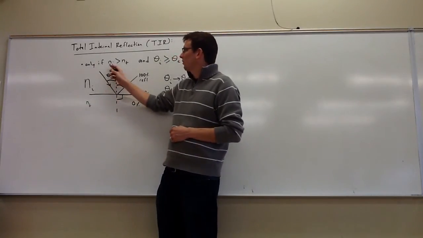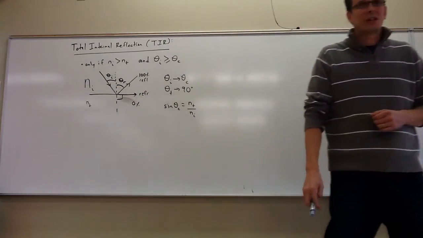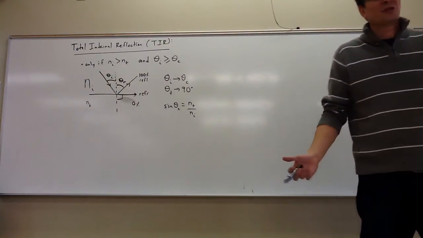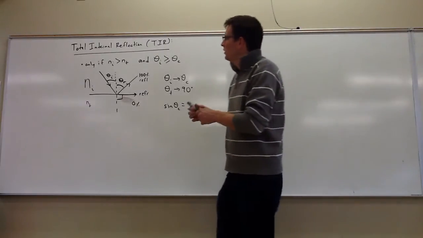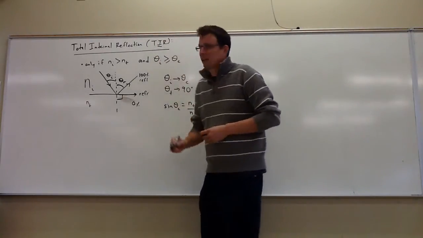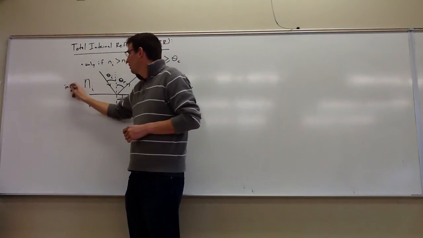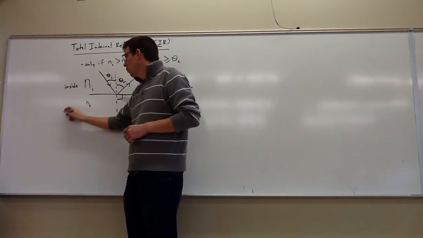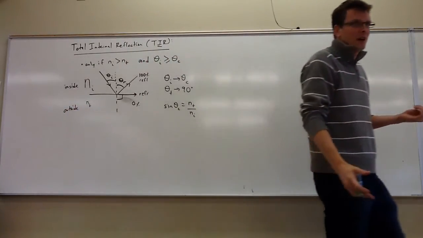So it only works if n sub i is greater than n sub t. That's the only time you can get this phenomenon. If you were bending toward the normal, there's no way this would ever work. That's why it's called total internal reflection. That's what puts the I in TIR, because oftentimes this is inside something, and then the lower n sub t is outside, like your outside environment.